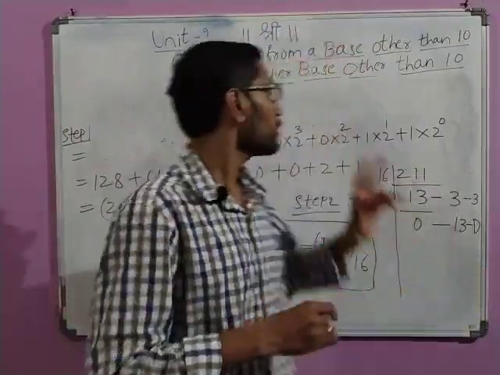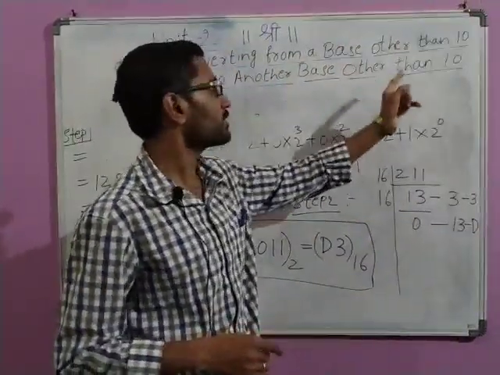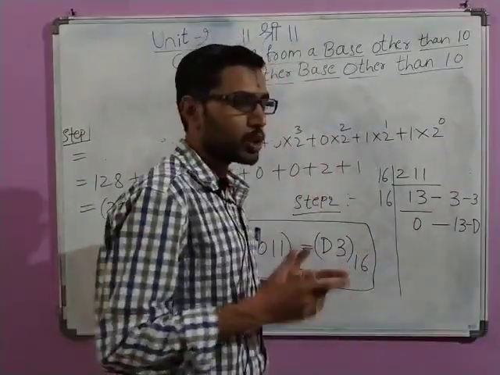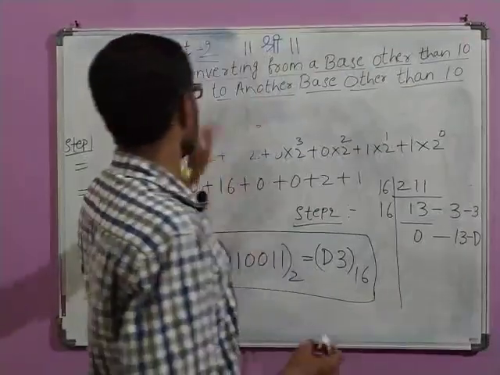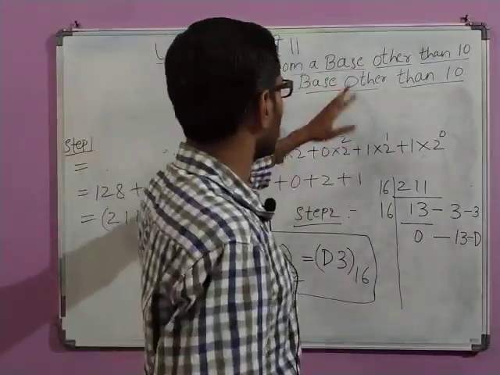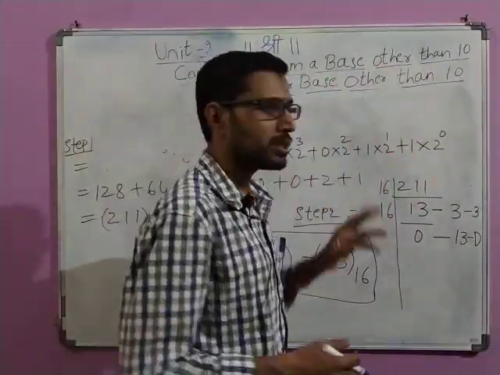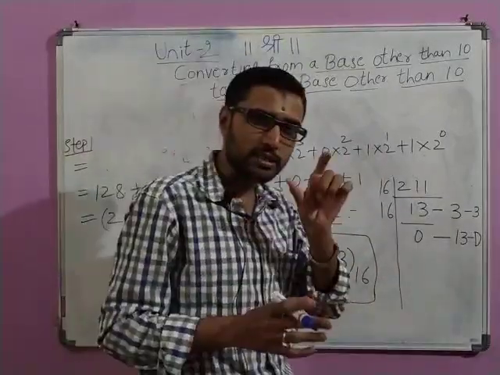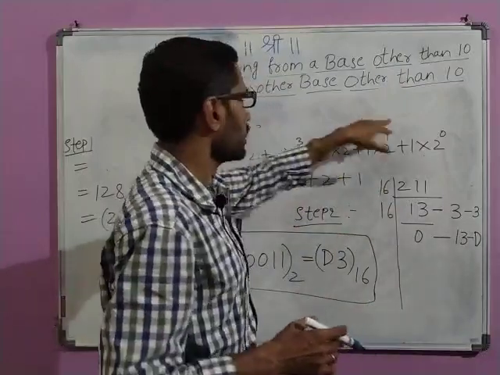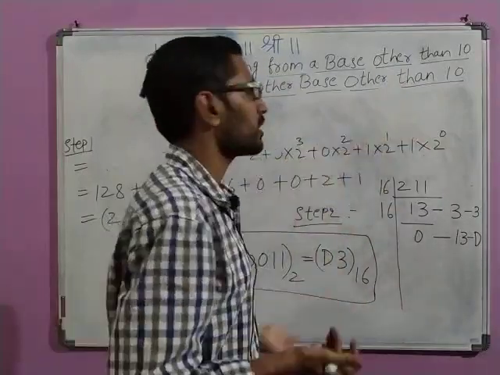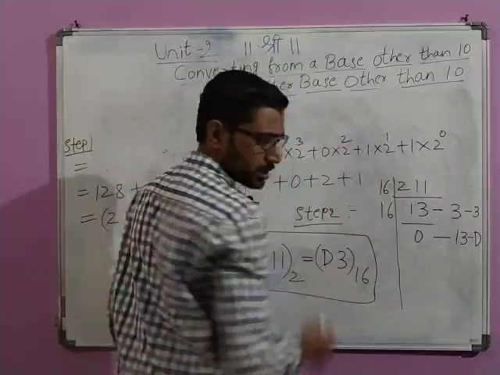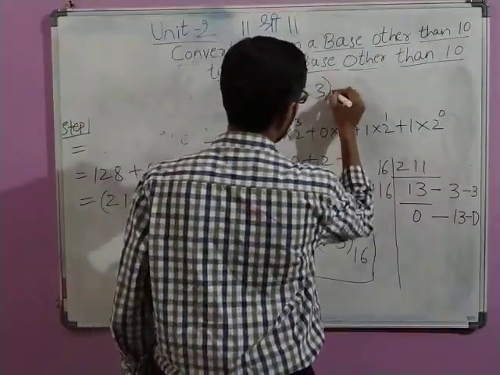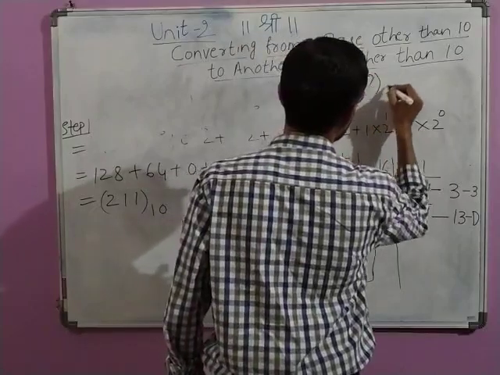They need to convert from a base other than 10 to another base other than 10, or you may get a theory question, what are the steps involved in this. So whenever you get a theory question on how you are going to convert a number from a base other than 10 to another base other than 10, don't take such a big number. The smart technique is you can take a smaller number and convert into another base, and again you can take the reverse. For example, you can write it as 23 to the base 4, question mark to the base 6.